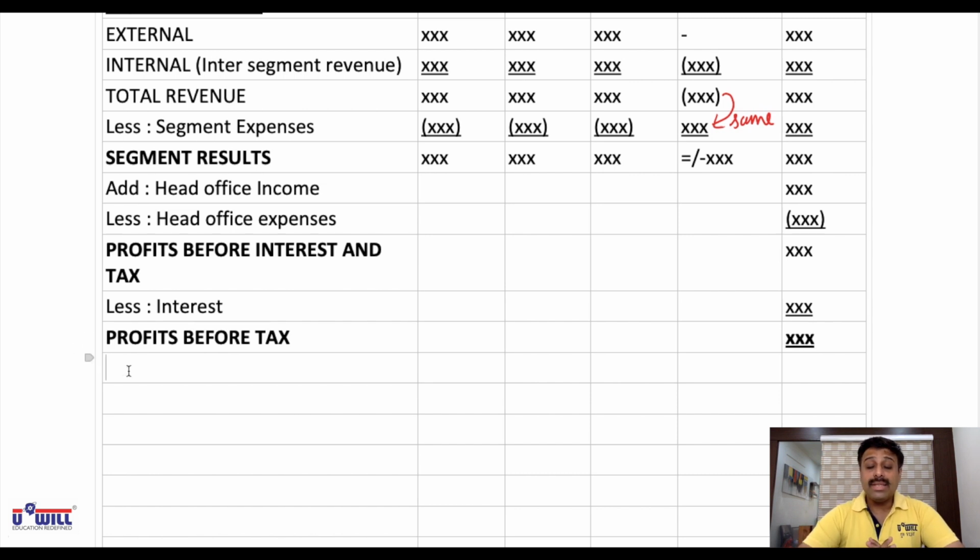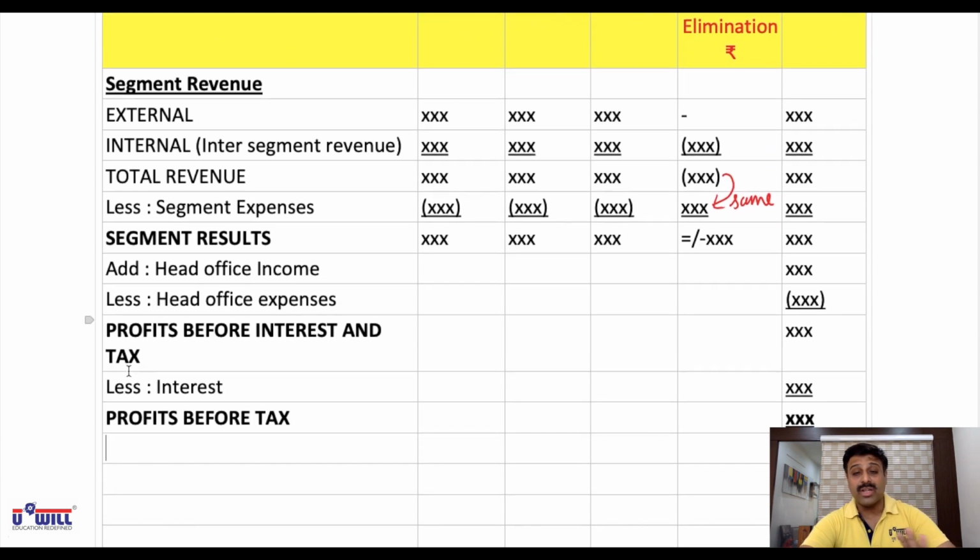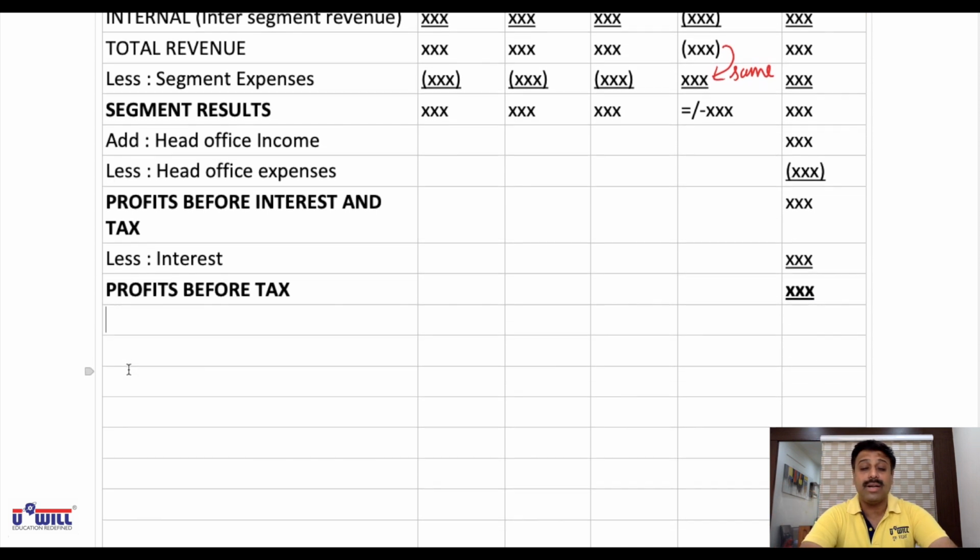So this is the main information regarding the profits of the company. What we have to show is very simple. First you show revenue. When you show revenue, you show external as well as internal. You get the total revenue. Then minus expenses, you get segment results. Then you add head office standalone incomes and expenses, you minus separately, and you get profit before interest and tax. PBIT minus interest, you get profit before tax.